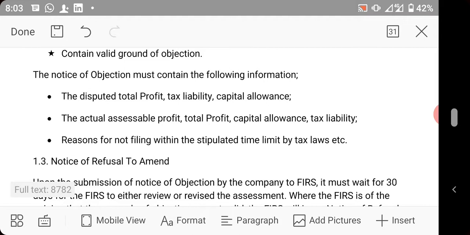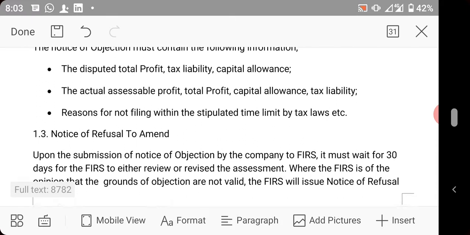So this is what you must state, and also the reasons for not filing within the time limit stipulated by tax law. So you must state your reasons. When you state these reasons, it is incumbent on the FIRS to decide whether these reasons are genuine or not. If they are not genuine, they will throw it into the bin.